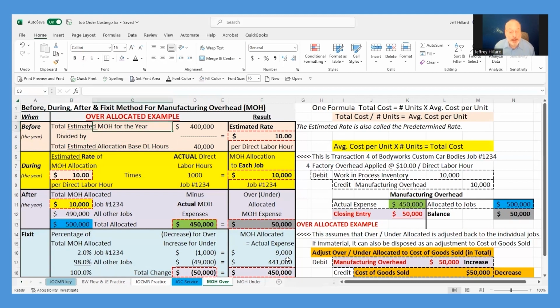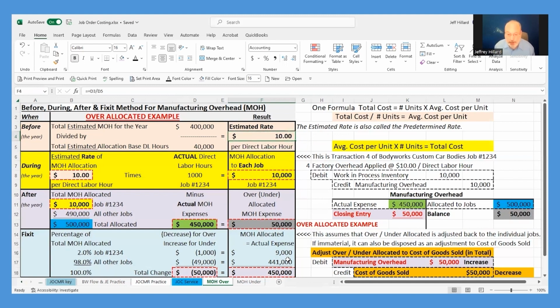So the estimated manufacturing overhead in this example is $400,000. The estimated hours is 40,000 hours. So using our rearranged one formula, total divided by units equals average, our estimated rate, also known as the predetermined rate, is $10 per direct labor hour.